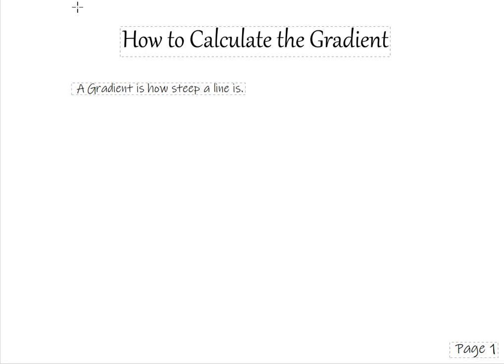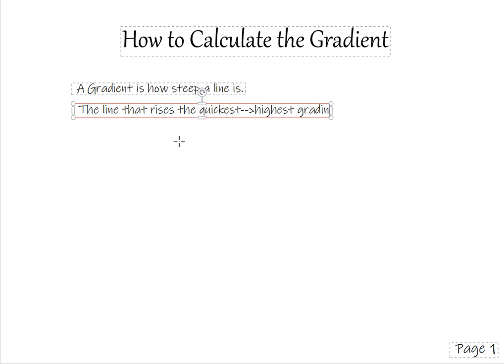A second point to add is that the steepest line is the line that rises the quickest, which is the highest gradient. That's an easier way to remember this if you don't know what the word steep means.